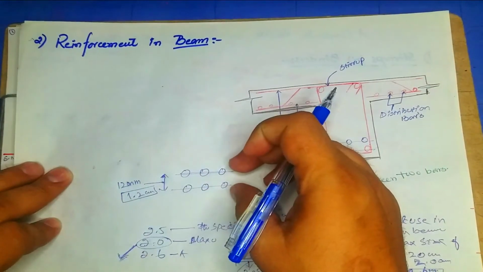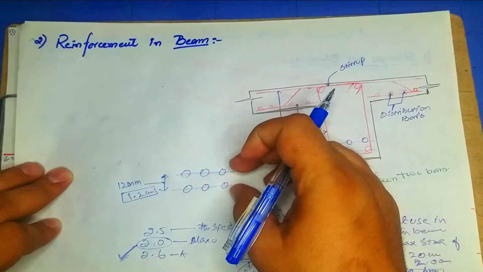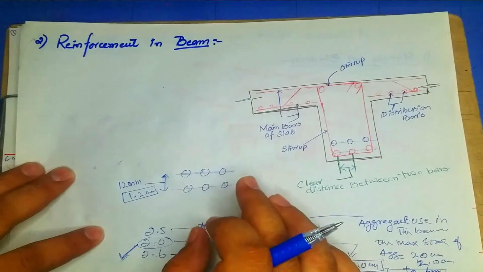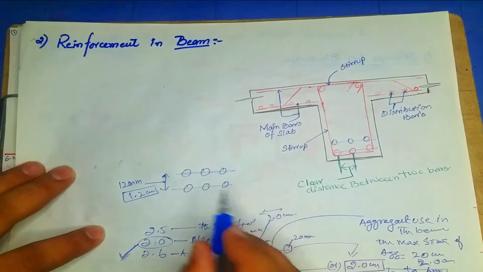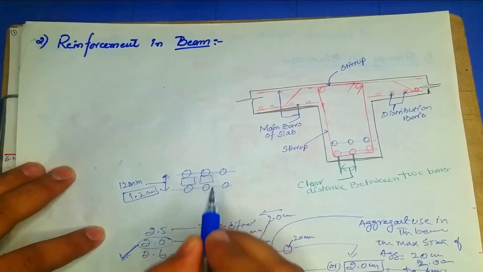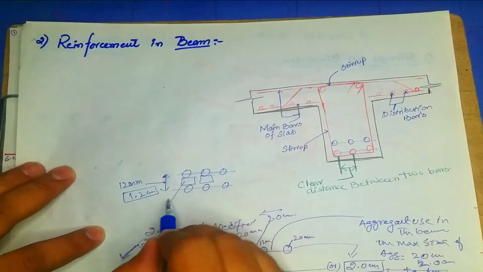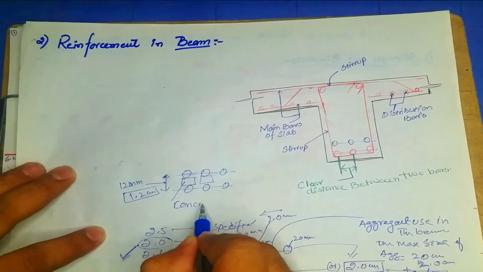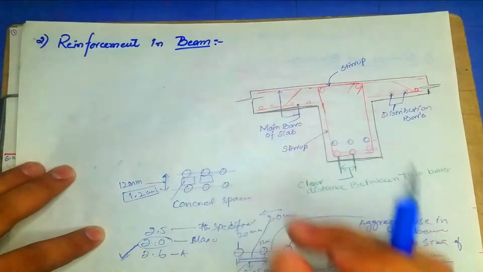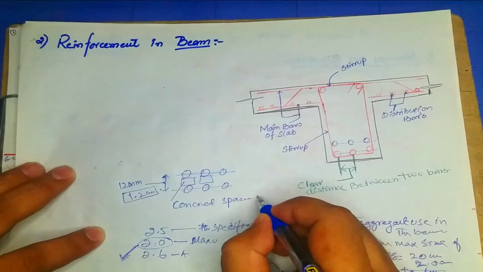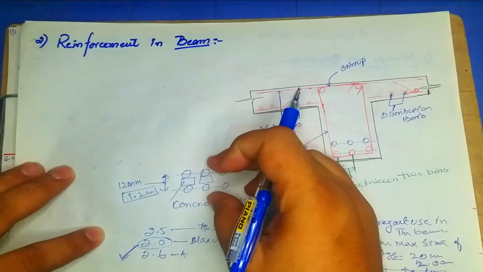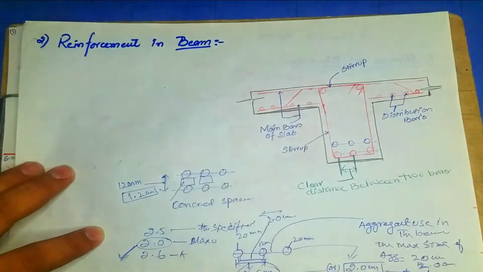The distance between these two layers must not be less than 12 mm, which means 1.2 centimeter, half an inch. And we will provide spacer bars, concrete spacers, between these two layers for maintaining the center to center distance of these two layers.